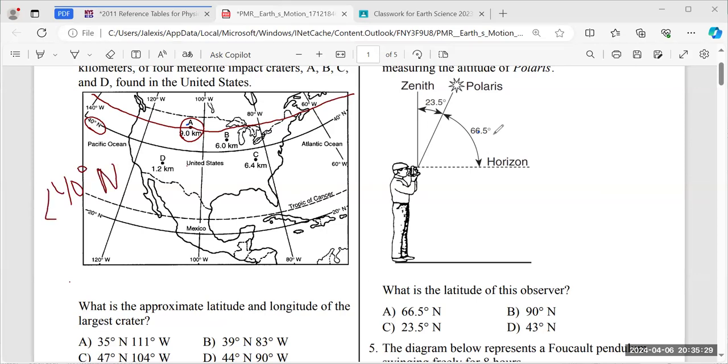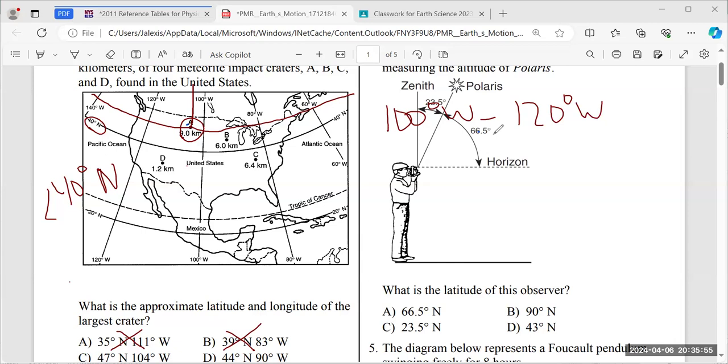That's the first thing. So we can cross out which options? A, we can cross out, and B, we can cross out. What else do I know about A? A's longitude, when I go up, is between 100 degrees west and 120 degrees west.